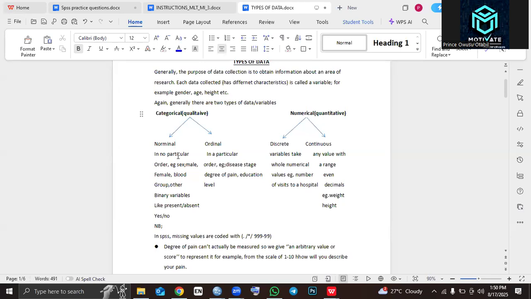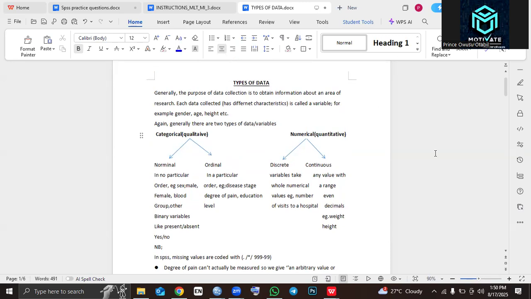Then we have the ordinal data. The ordinal data are the types of data that are in a particular order. For example, disease staging, like stage 1, stage 2, stage 3, stage 4.